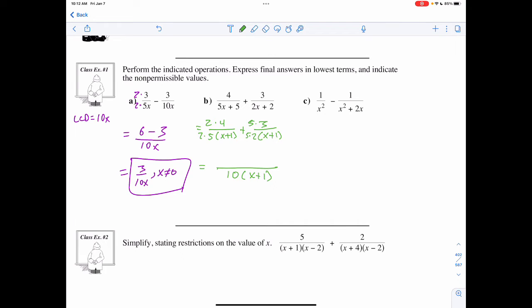And if I have 2 times 4, I have 8, and 5 times 3 is going to give me 15. This is all going to be the same as 23 over 10 x plus 1. I can't factor anything else out of the numerator and denominator, and I just need to state the restriction that x cannot equal -1.